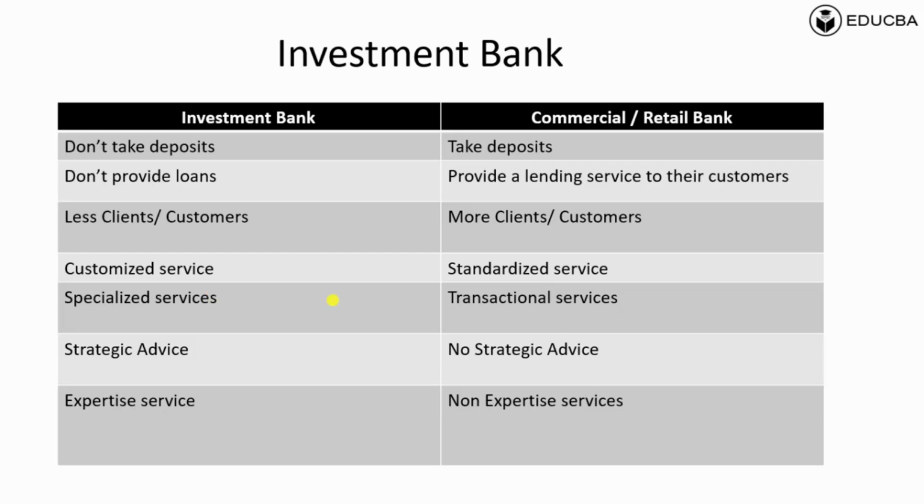Commercial banks do not provide those specialized services, but provide very basic services. It is not usually within their remit to provide strategic advice on what the company should do.